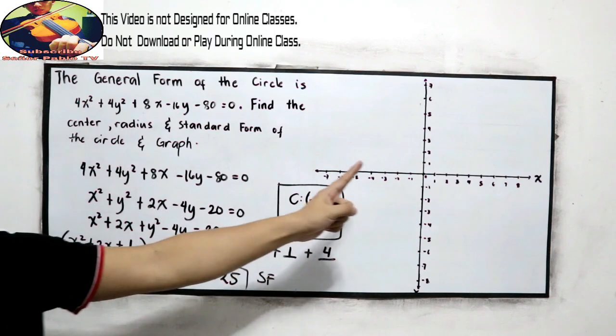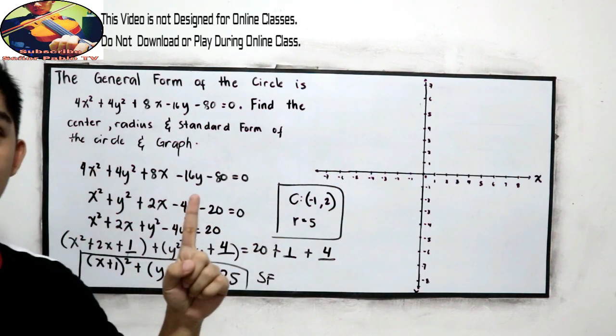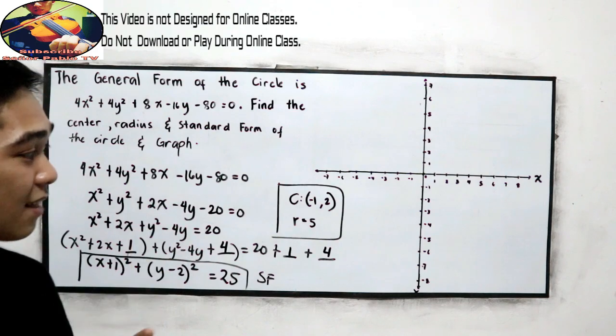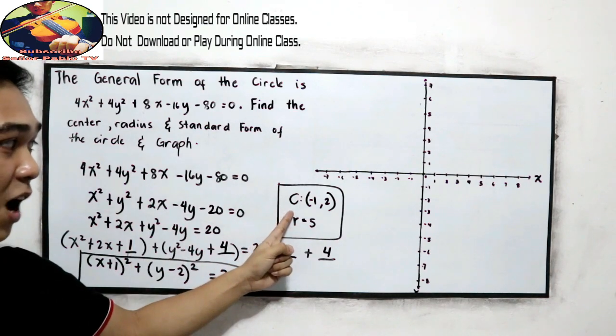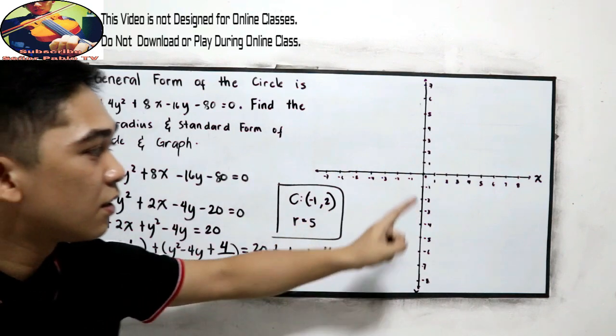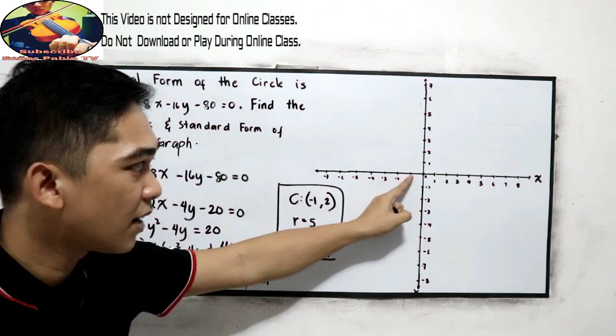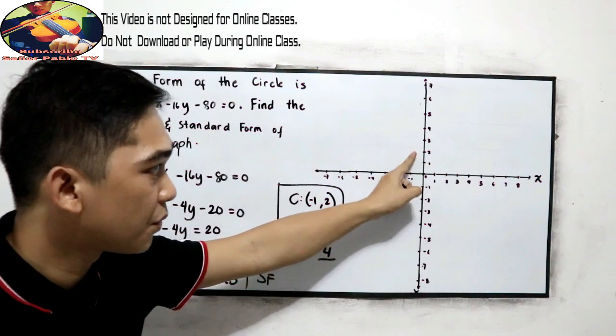Now let us graph in our Cartesian plane. To graph, first plot our center. Our center is (-1, 2). Where is -1? -1 for x and +2 for y.